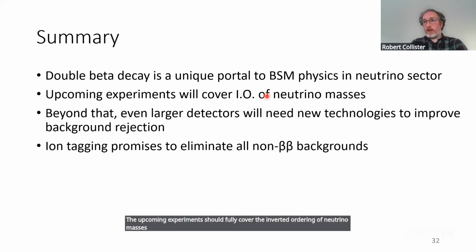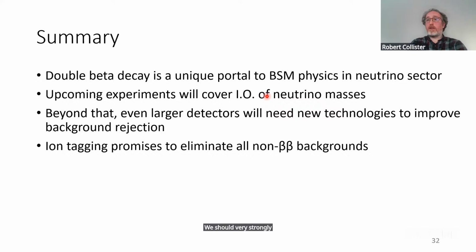So, in the next 10 or 15 years, we should very strongly have a second way to exclude that, even if the neutrino oscillation experiments don't do that by themselves.